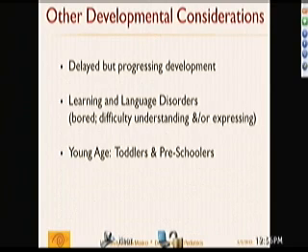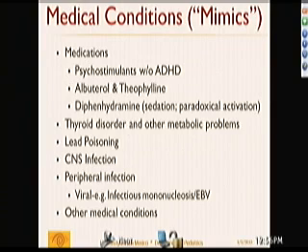Now, there are other developmental considerations such as delayed but progressing development, learning and language disorders. Kids becoming bored too easily while having trouble learning can look like they have ADHD. And of course, real young children, toddlers and preschoolers, naturally are hyperactive and distractible and impulsive.